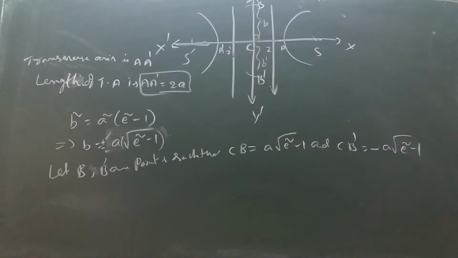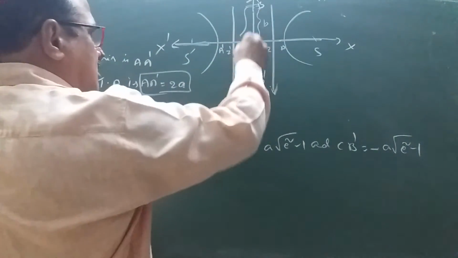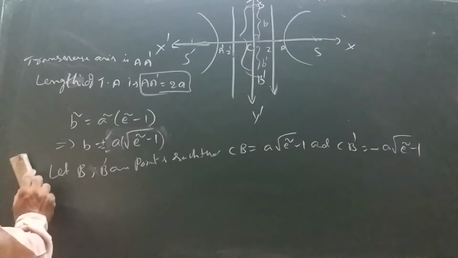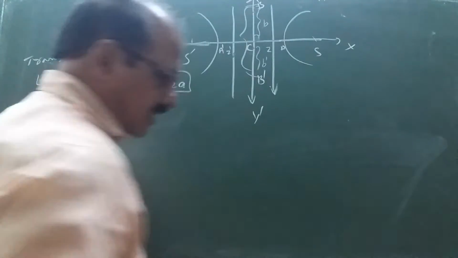So that we can look at B and B dash. Then we call BB dash the conjugate axis. That we call the conjugate axis of the hyperbola.